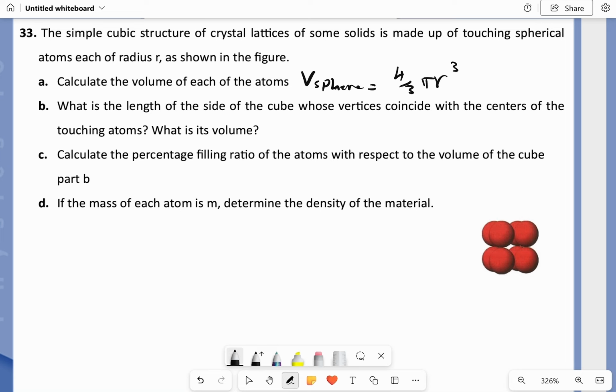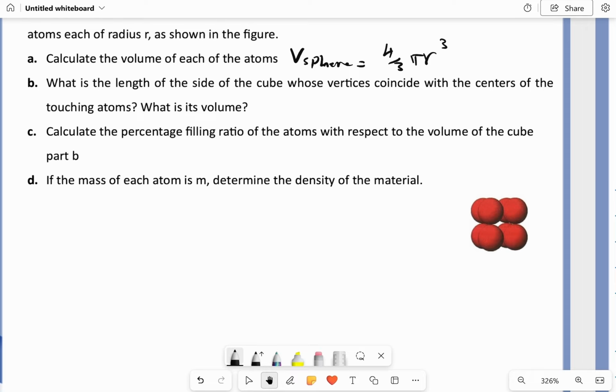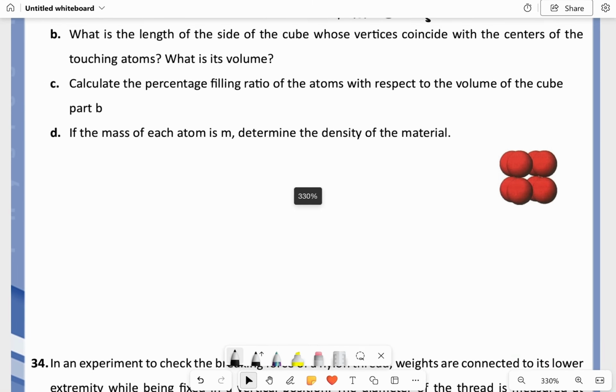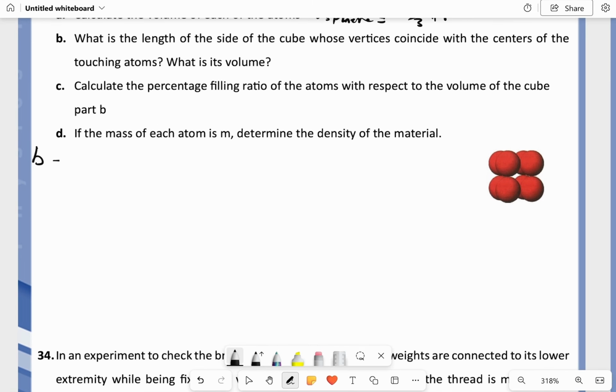Now, what is the length of the side of the cube whose vertices coincide with the centers of the touching atoms? What is its volume? B will be length of each side, guys. So length of each side is equal to 2r, as we knew from the previous question.